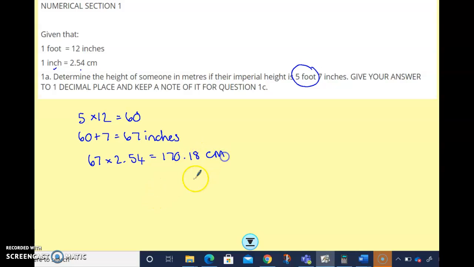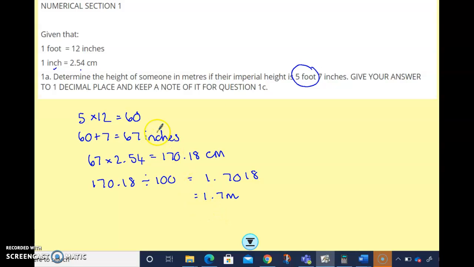Now that is centimetres. We don't want centimetres, we want metres to 1 decimal place. To get from centimetres to metres, we need to divide by 100. That gives me 1.7018. Only want 1 decimal place, so it'll be 1.7 metres.